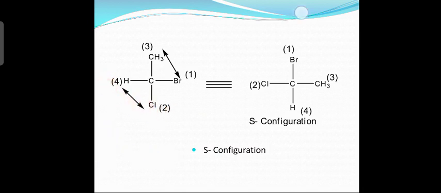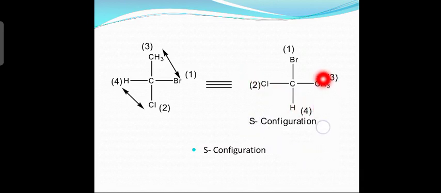So as a result you get this configuration. Br has come over here, and the CH3 group has come over here because of the mutual interchange. Then there is an interchange of H and Cl, therefore Cl has come over here and H has come over here.